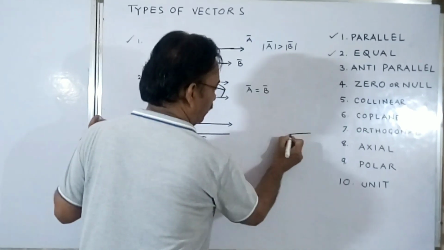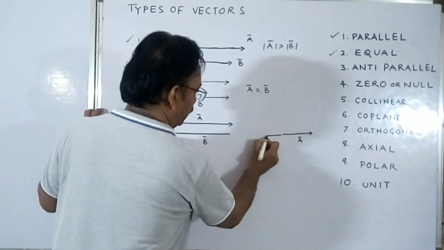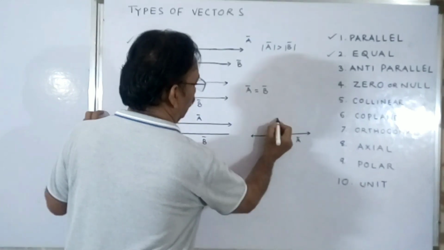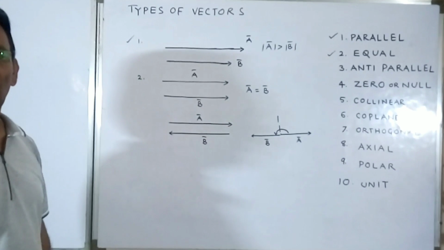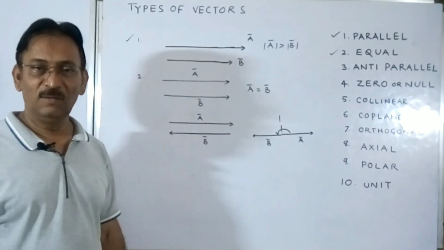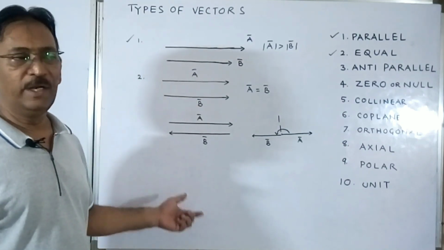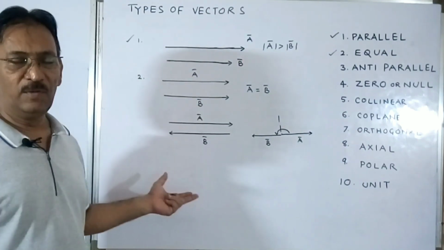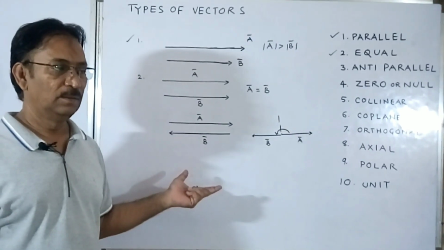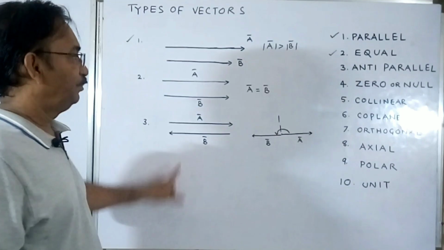If I put the A vector here, and I transpose this and put it here, the angle between the two is 180. If the angle between the two vectors is equal to 180, then we call those vectors antiparallel. There is no need for equality between them. That means one may have more magnitude compared to the other.